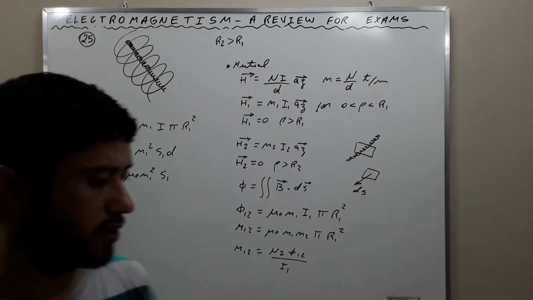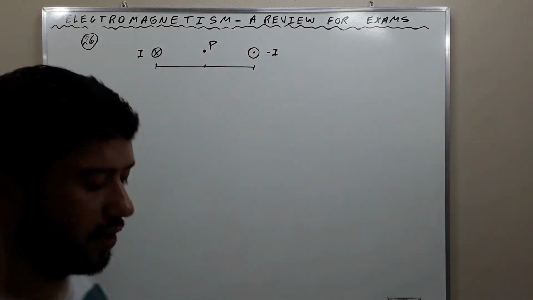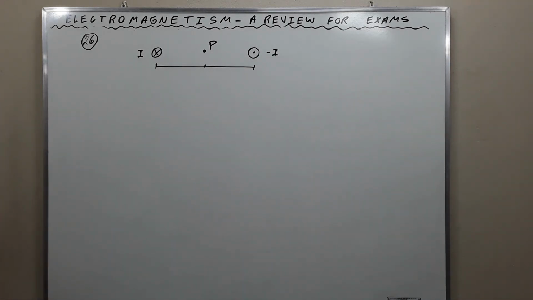Now let's go to exercise 26. Exercise number 26 now. Two conductors are carrying currents in opposite directions as shown in the figure.